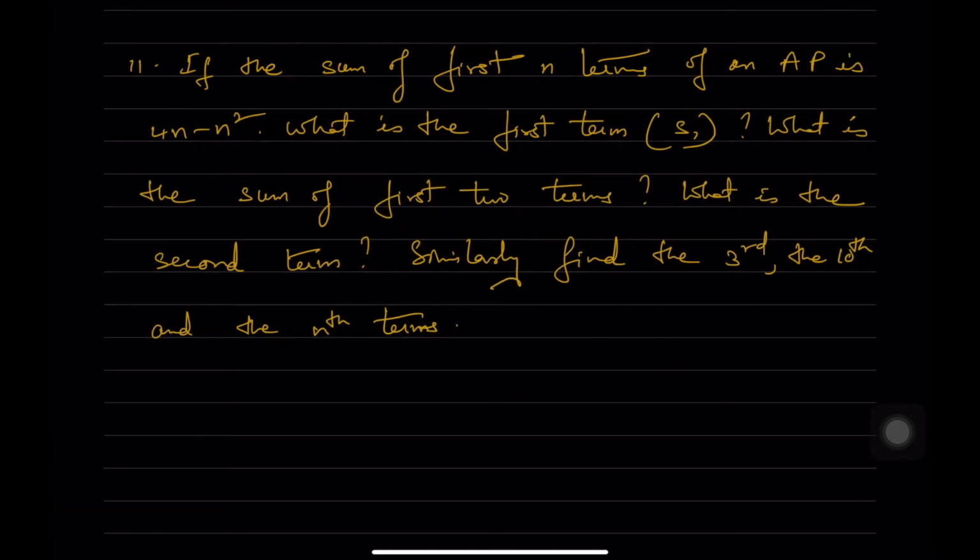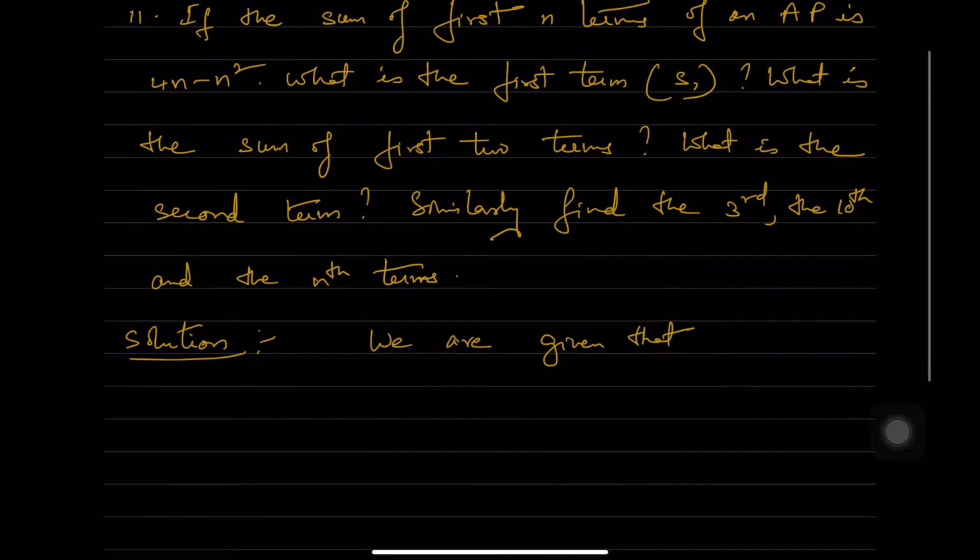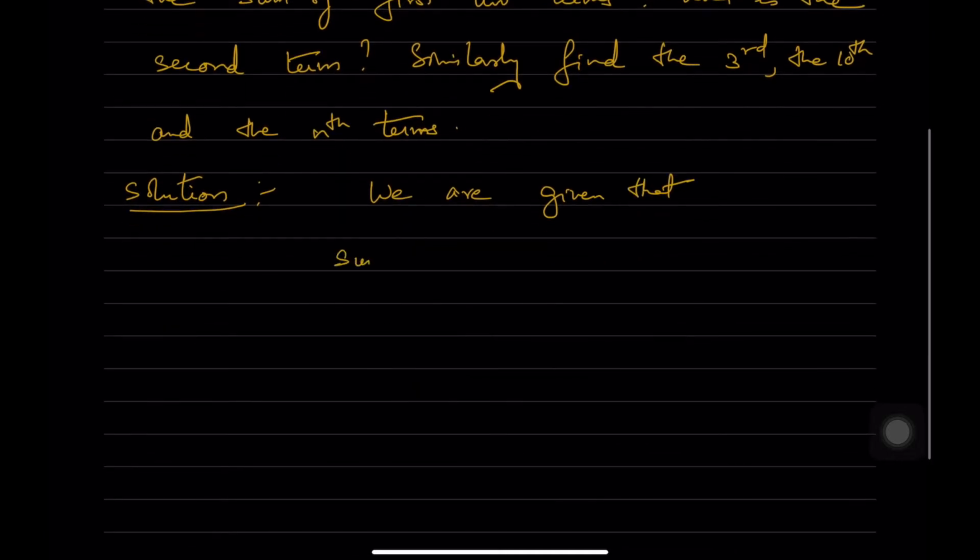So sum of first n terms of an AP is given as 4n minus n square. So we are given that sum of first n terms is equal to 4n minus n square, which implies that Sn is equal to 4n minus n square.